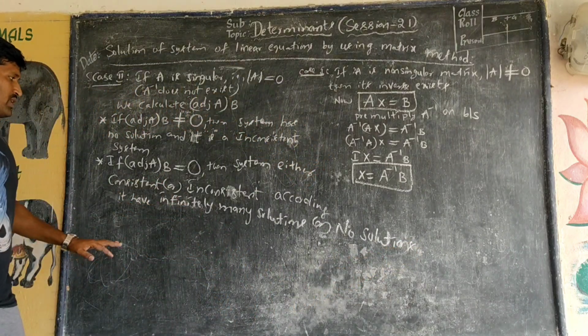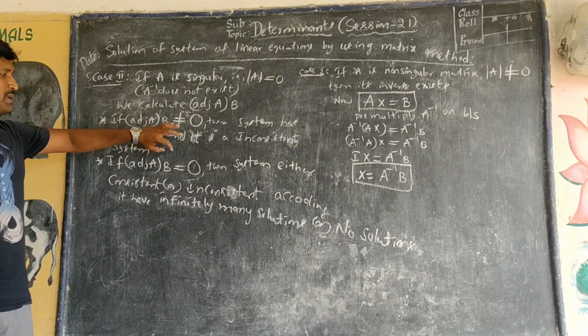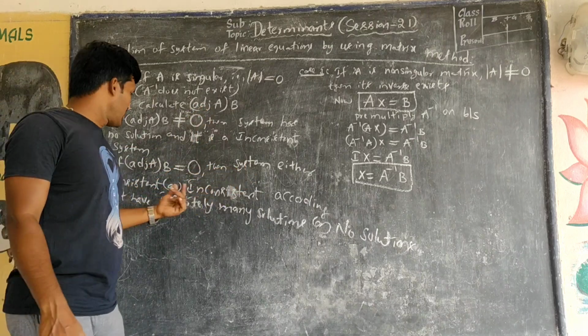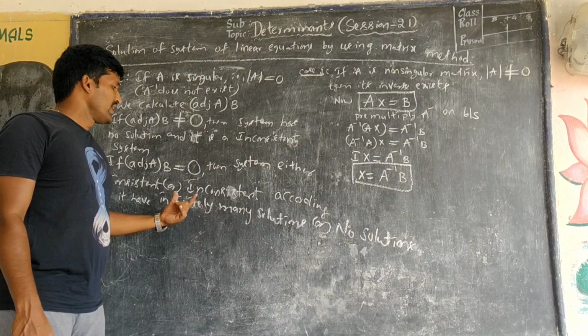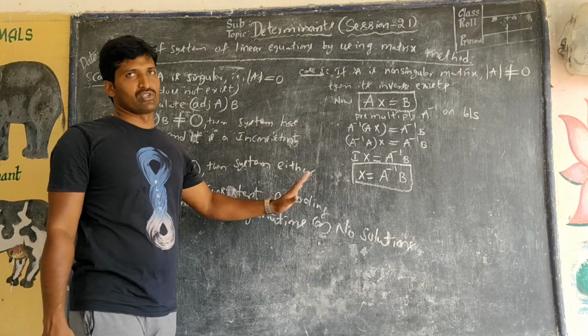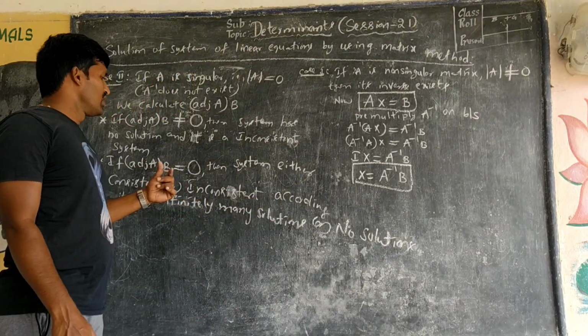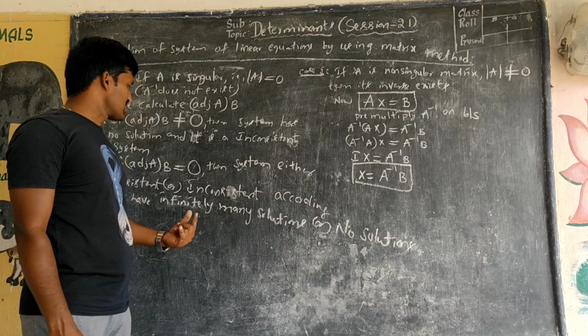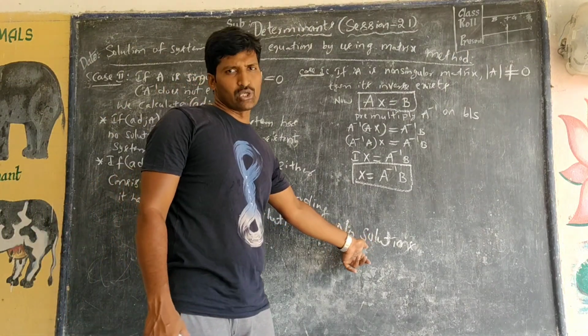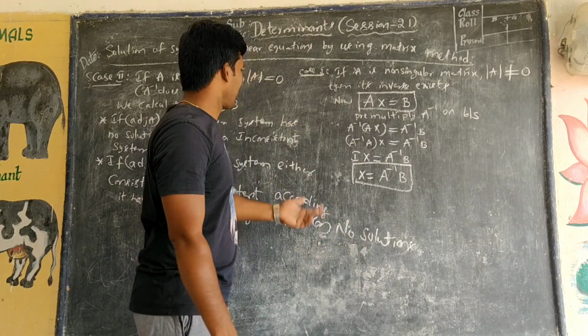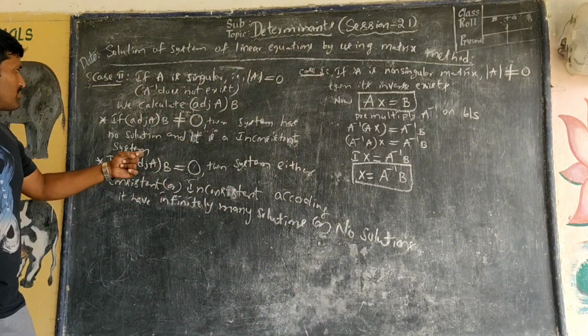If adjoint A into B is a null matrix, then the system is either consistent or inconsistent according to whether the system has infinitely many solutions or no solutions. If the system is consistent, we consider it to have infinitely many solutions. If it is inconsistent, we will take it as no solution, meaning the solution does not exist. These two conditions you have to remember.